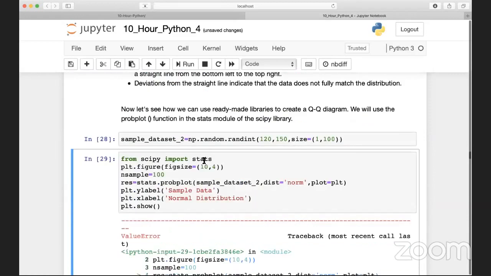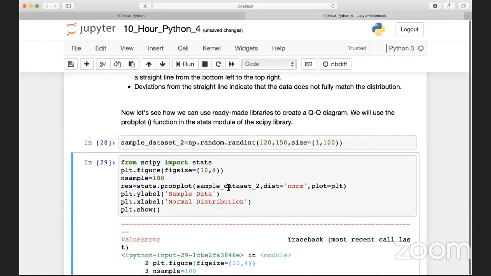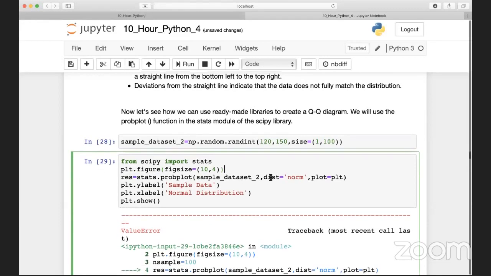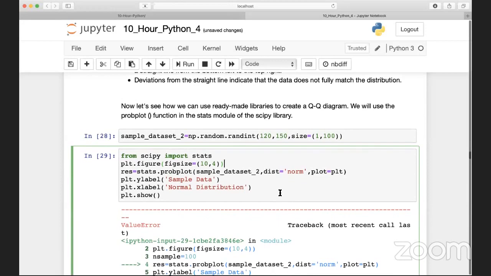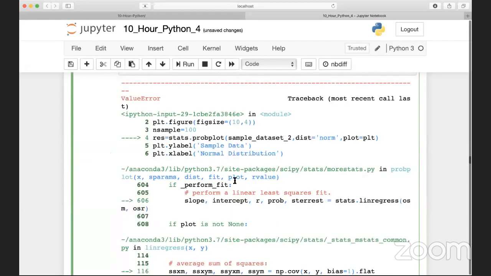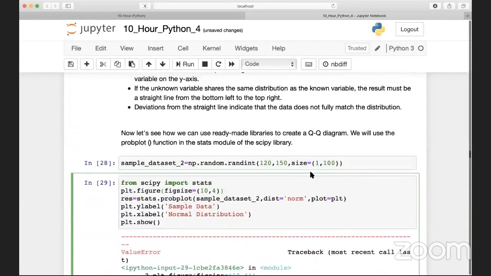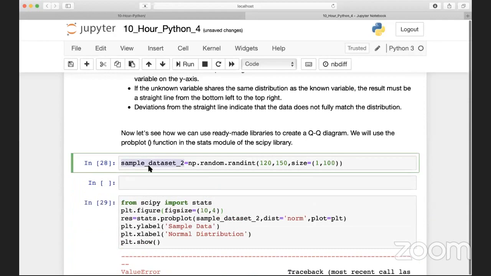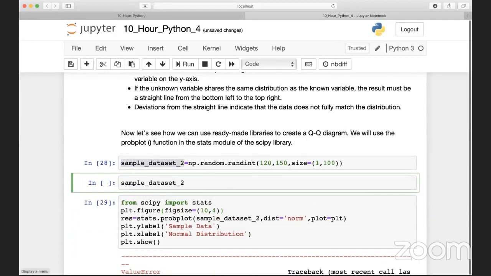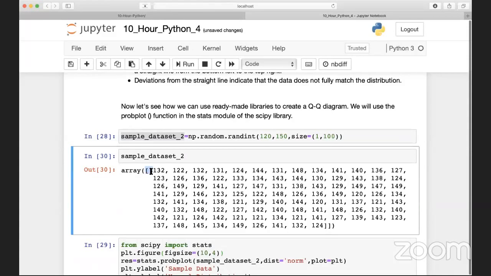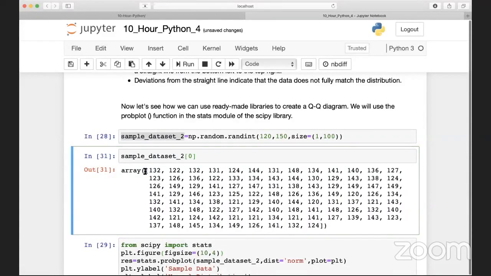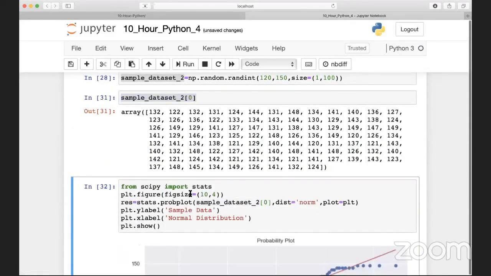All input array along the... okay, so sample data set 2 looks like this. You see this array here. If I do that, I get rid of one of the brackets that reduces the dimension. So I'm ready to use this like this. Okay, then I have this plot.